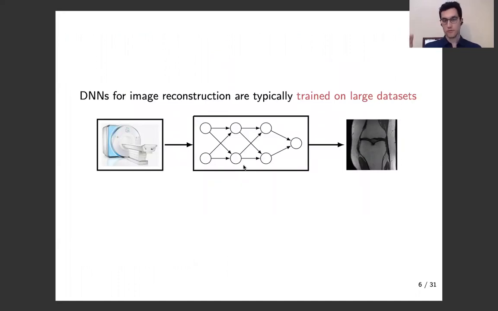The data set consists of clean images and undersampled measurements, and the deep neural networks are trained end-to-end to perform well on this data set. The data set is typically very large. In this case, it's a few terabytes. That's pretty much how all these methods that I mentioned so far work, or how all the best performing methods work.